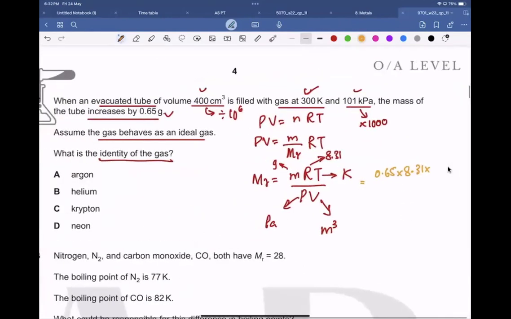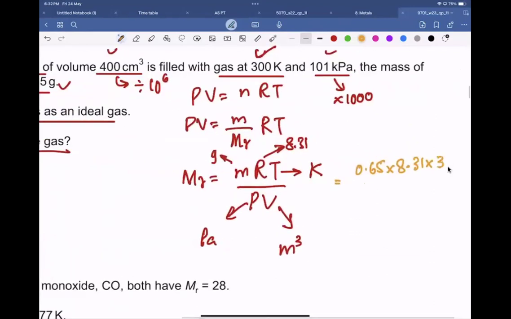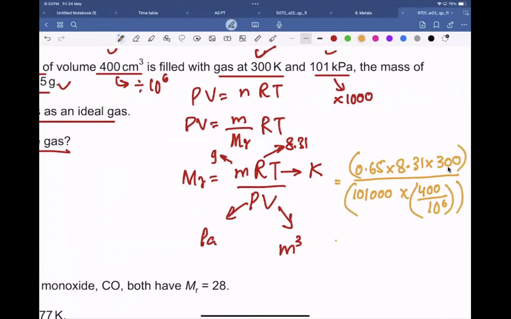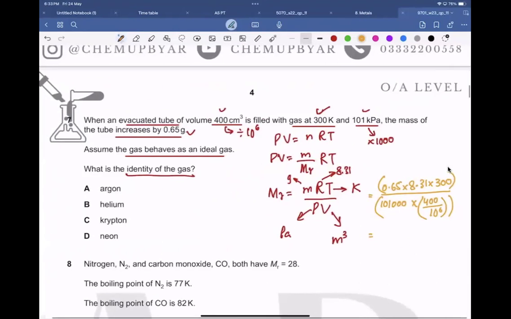Times temperature, which is 300 Kelvin, divided by 101,000 pascals times volume, which is 400 over 10 to the power 6. So can anyone solve it and tell me the answer, please? What answer are we getting?